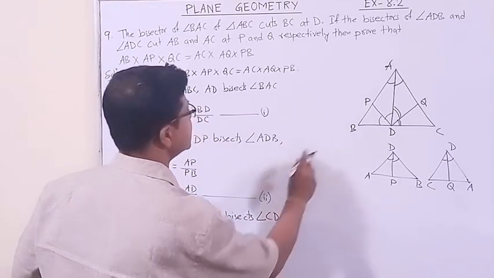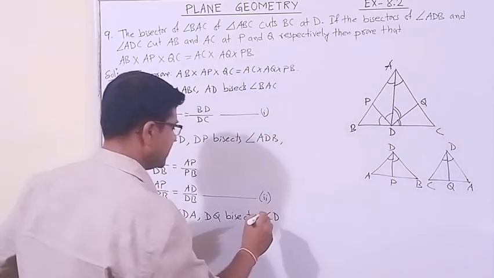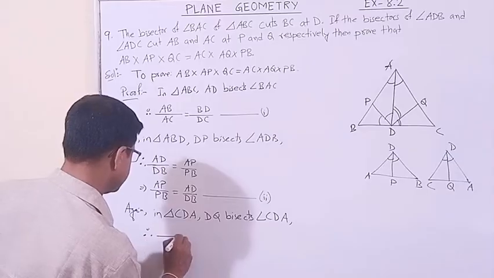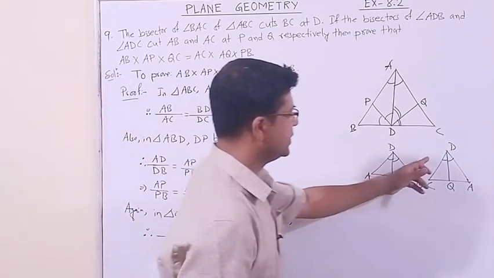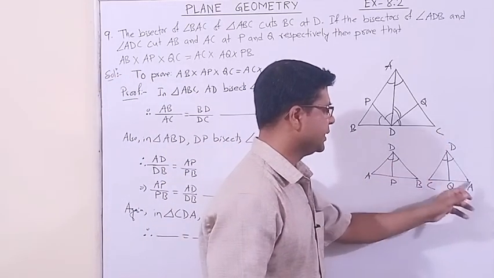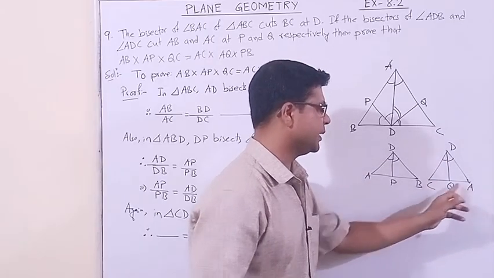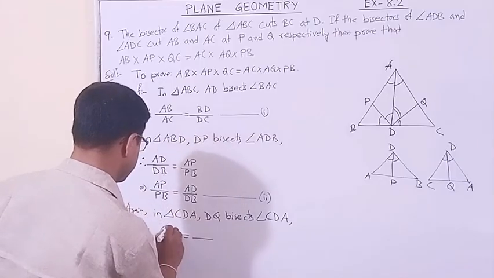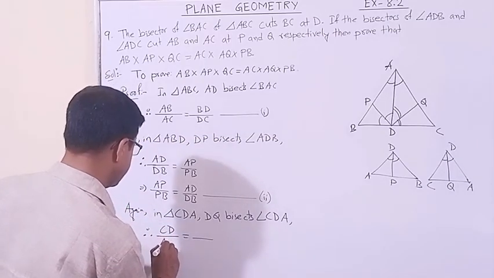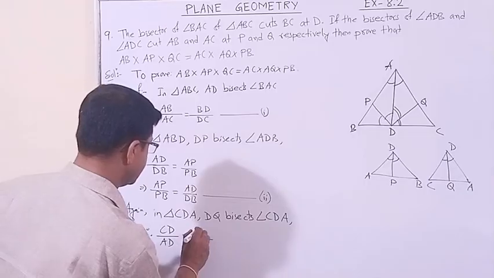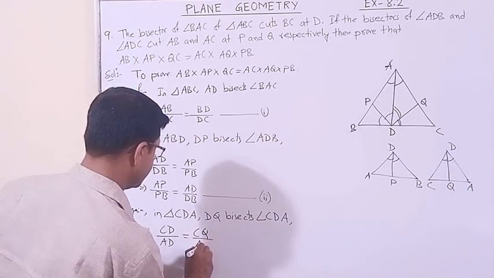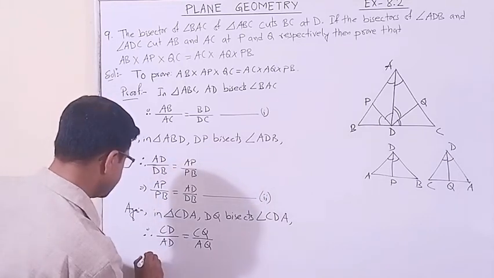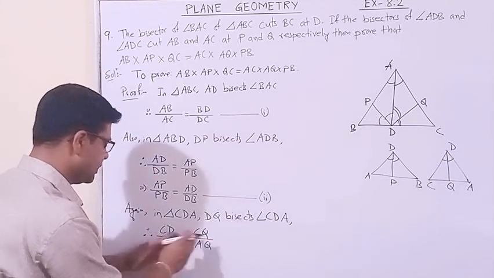So what we obtain? Two ratios are equal: CD by AD is equal to CQ by AQ. Now here also we shall change the side. This equal to this, we can write this equal to this.